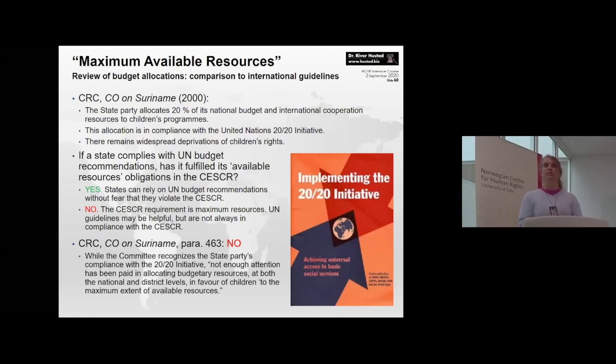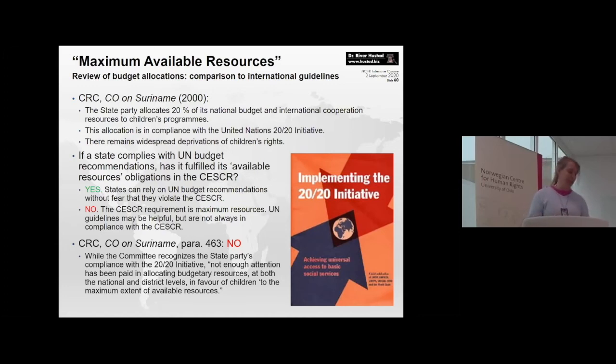But just because the state in this situation fulfilled a UN program of 20% allocation, in this particular case, it just wasn't enough. So fulfilling a UN initiative isn't necessarily fulfilling the entirety of economic, social, cultural rights.